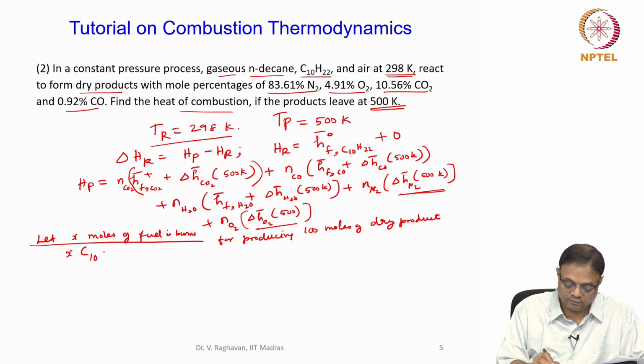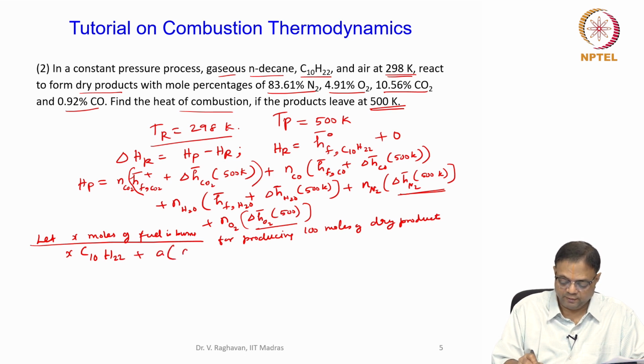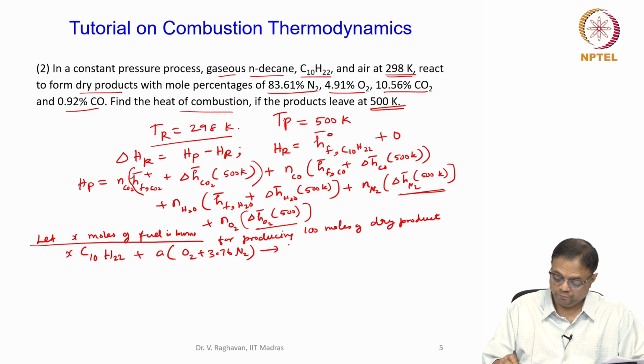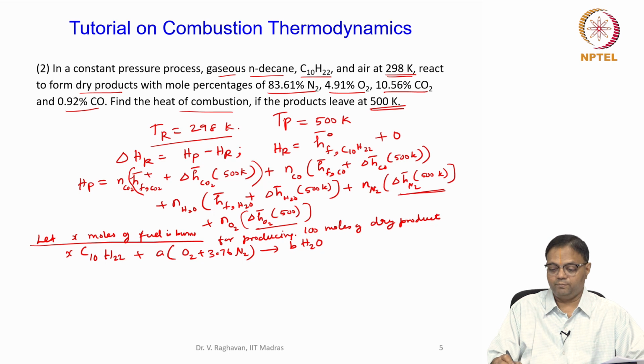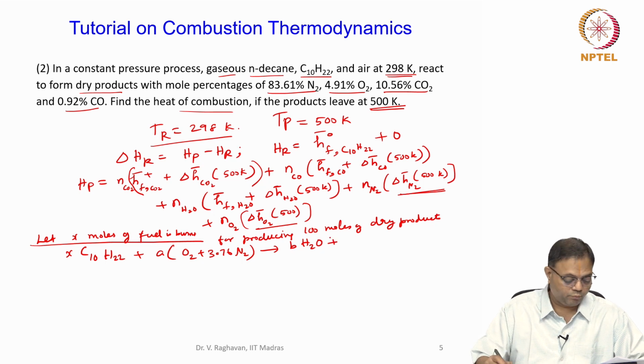So I can say x times C10H22 plus, let us say, A times (O2 plus 3.76 N2) will give, I don't know the number of moles of water because it's dry products, so it's not known, but for the others I can put the percentages given in the composition itself.